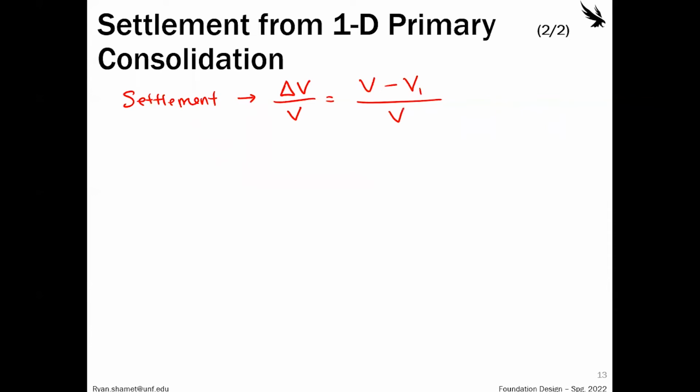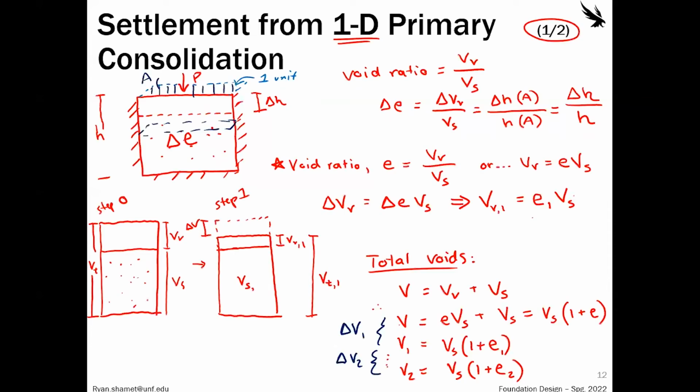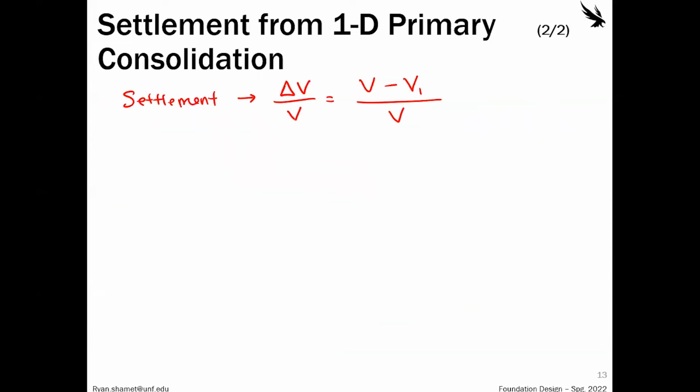So from the previous page, we had all these versions of it, the volume of solid and the void ratio. Now what we can do is plug those in for this equation.